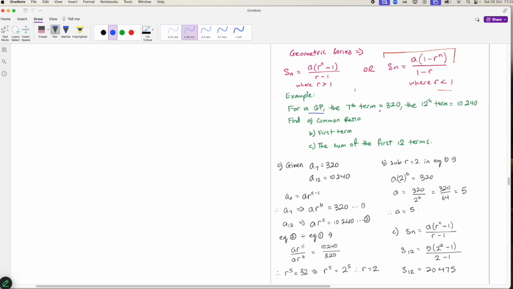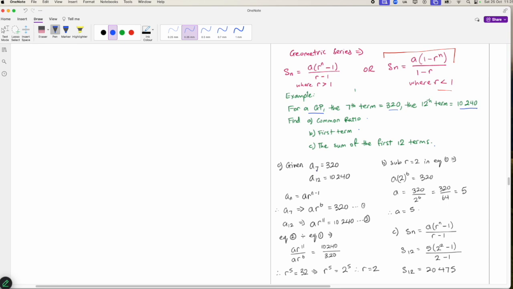For a GP, the 7th term is 320 and the 12th term is 10,240. Find the common ratio, find the first term, and find the sum of the first 12 terms. Well, we do it in a similar way, right?